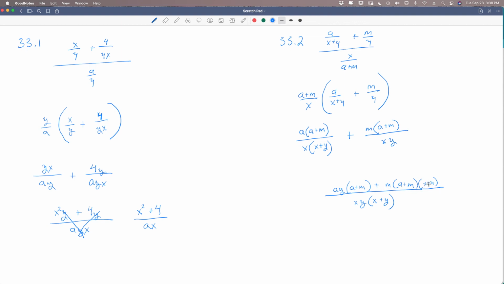You can't take it out of an expression without also taking it out of this expression. So there's nothing we can factor, so this is our final answer for 33.2. So always check, see what you can factor when you finish. If you can't factor anything out, let me circle this as our last answer, then you know you're done.